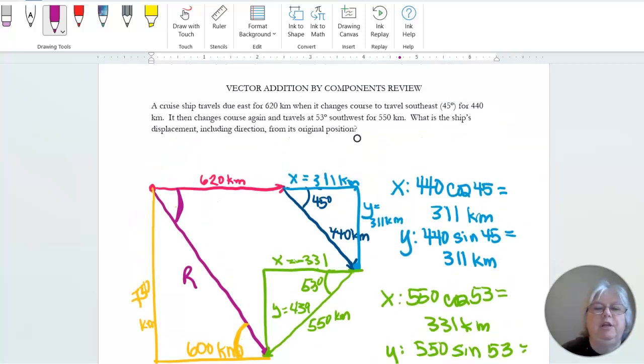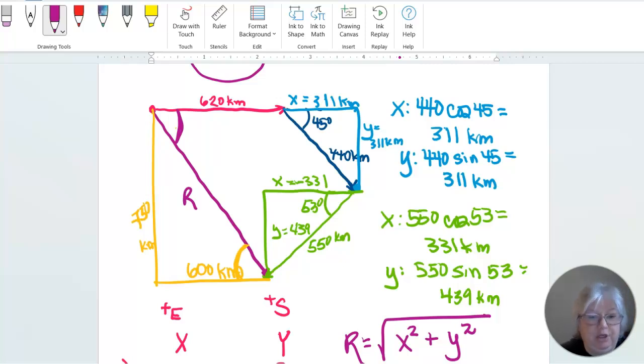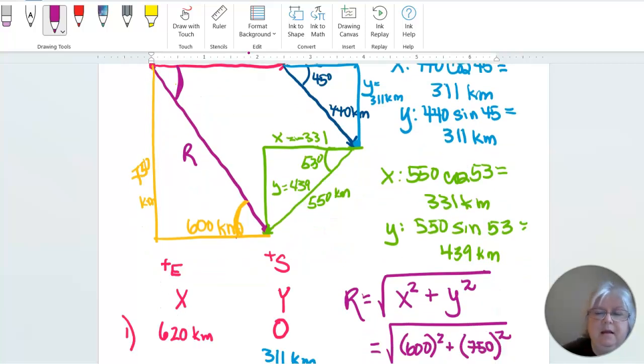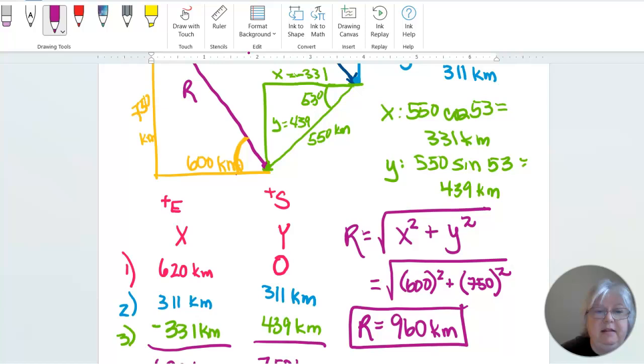But my question also asks me to include direction. To include the direction, I'm going to have to use trig. So this angle, which as we said is the same as that angle, I can use any of my trig functions, but I'm going to use the tan function here in case I made a mistake finding that resultant.